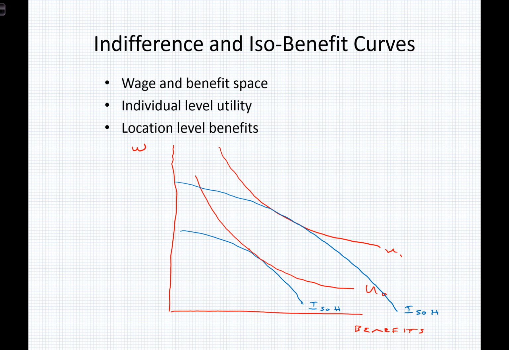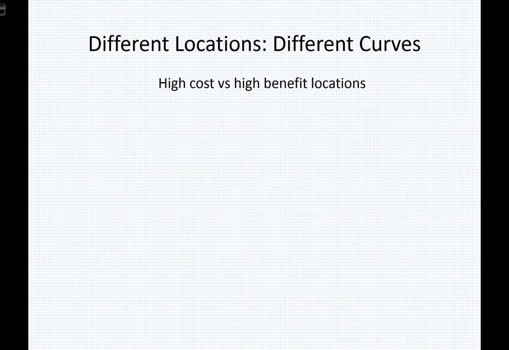We also have to think about what these cost curves look like for different locations where we have high ISO costs and high costs versus high benefits. So think about, again, benefit and wage space. And consider for a moment a location that might have really high wages but maybe kind of low benefits.